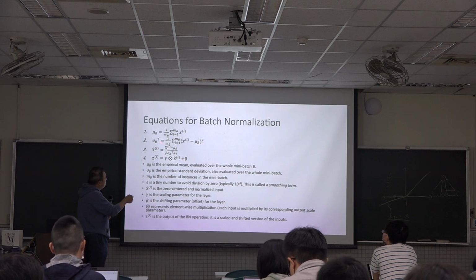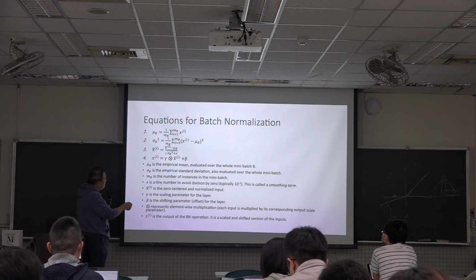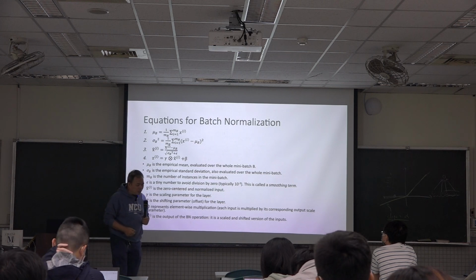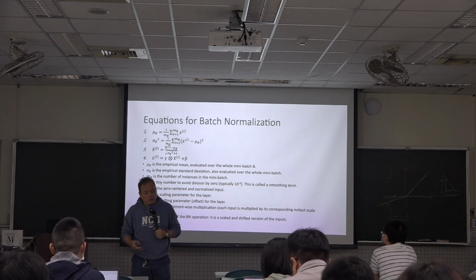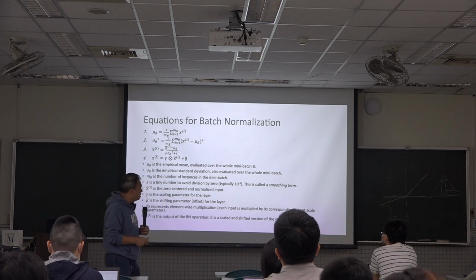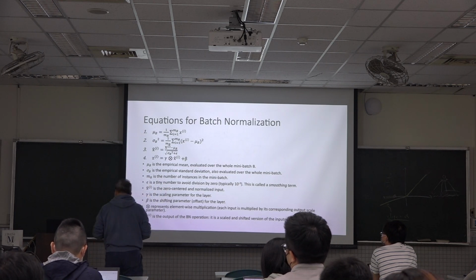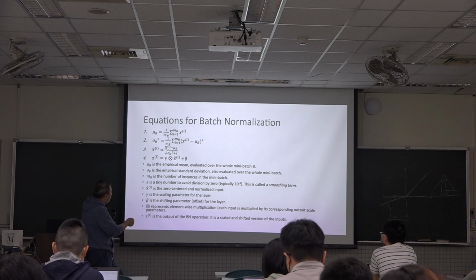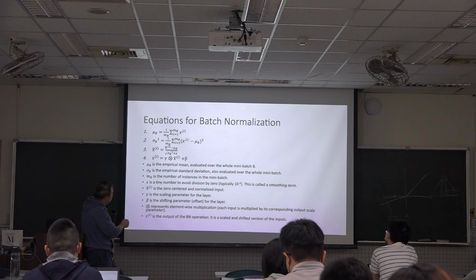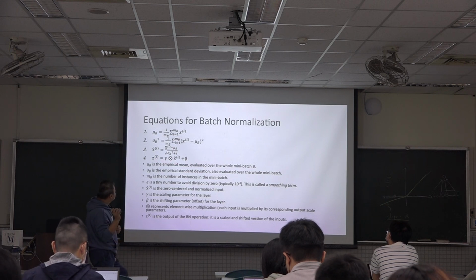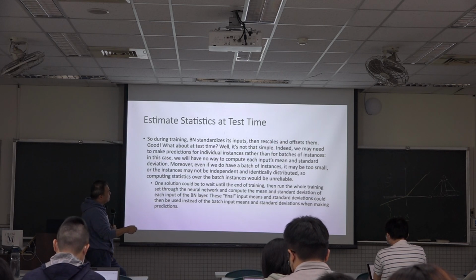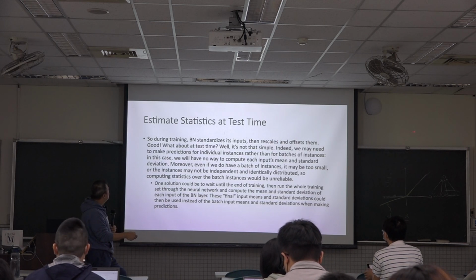But you can see we first normalize the features, and then we introduce gamma and beta. And this gamma and beta are learnable, in the sense that we want the neural network, the backpropagation, to learn the optimal gamma and beta value for each layer for us. So during training, BN standardizes its input, then scales and offsets them.